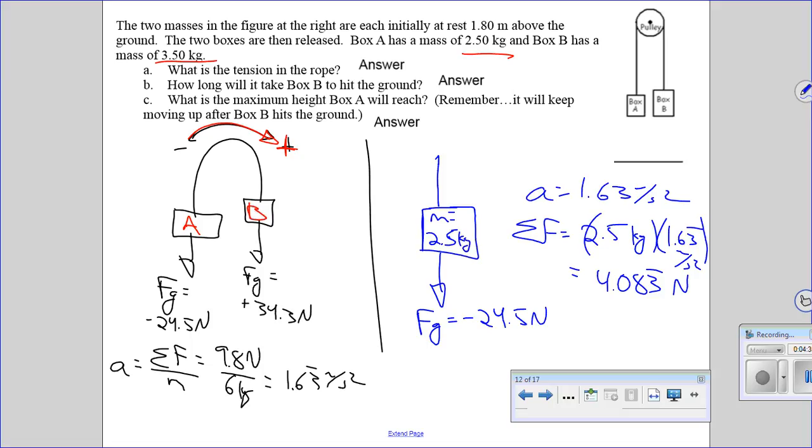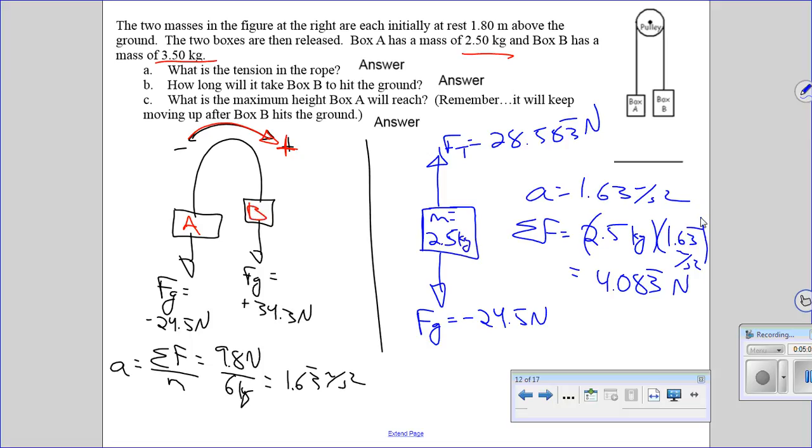So the question is, what does the tension have to be? We're just saying what number plus negative 24.5 equals 4.083, right? So in English, the tension force has to be 4.083 greater than the gravity. So just add and you get 28.583 newtons. There's your tension force.